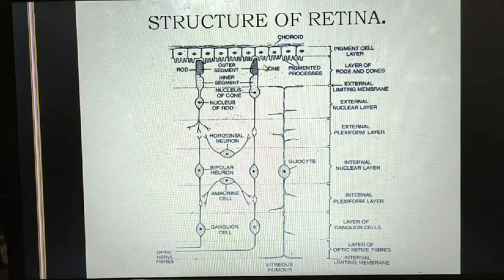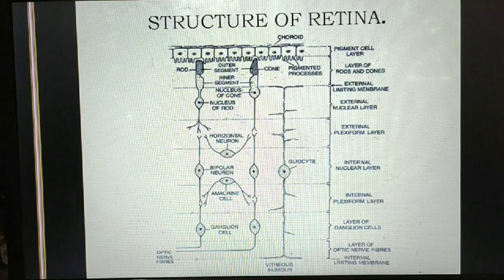The cone cells contain pigments like porphyropsin, iodopsin and cyanopsin, which respond to red, green and blue color respectively. The sensations of different colors are produced by various combinations of these three types of cones and their photopigments.